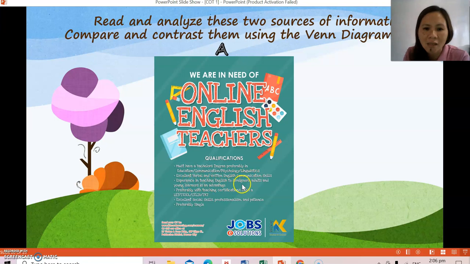Experience in teaching English to foreigners, adults, and young learners is an advantage, preferably with teaching certifications such as LET, TESOL, CELTA, or TKT. Excellent social skills, professionalism, and patience, preferably single. So you're going to send your CV to www.kkcrowdsourcing.com/career/. All right, so that's it.